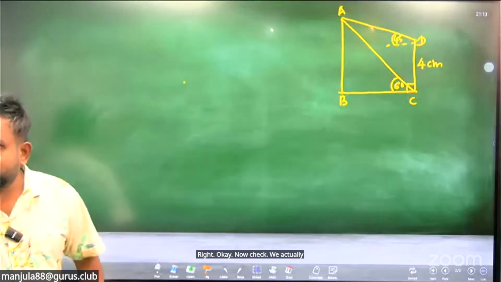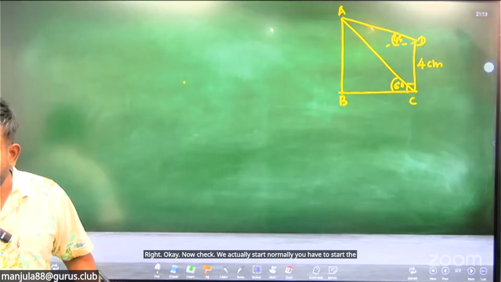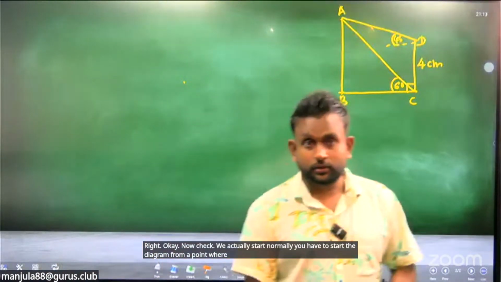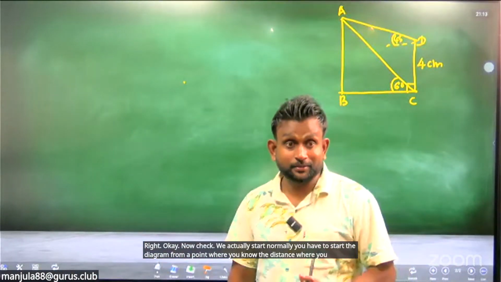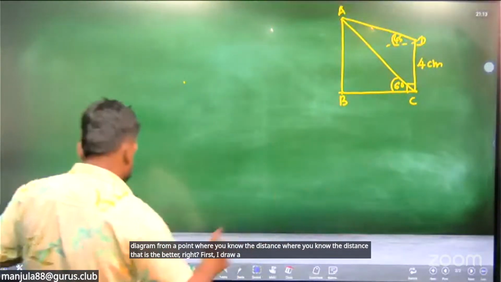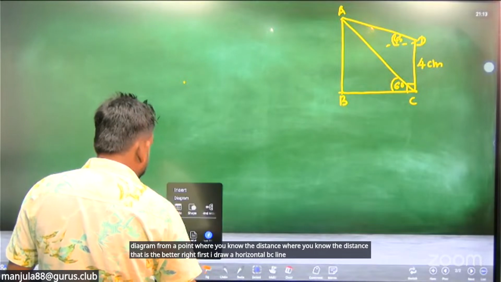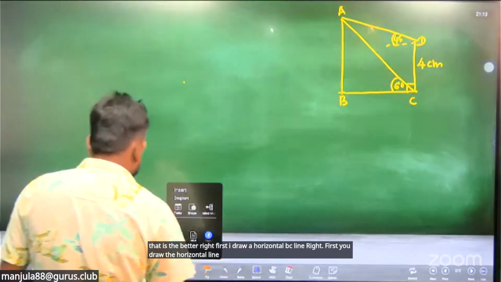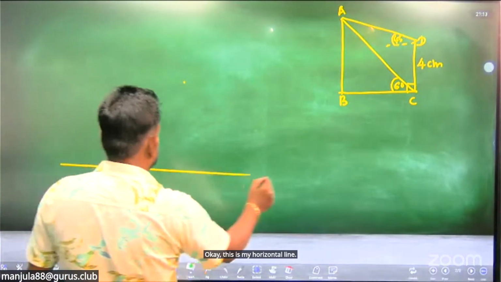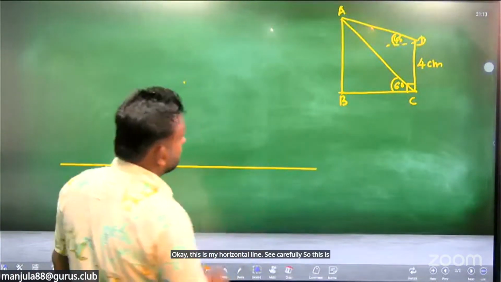Normally you start the diagram from a point where you know the distance, that is better. First I draw a horizontal BC line. First you draw the horizontal line. This is my horizontal line, see carefully.